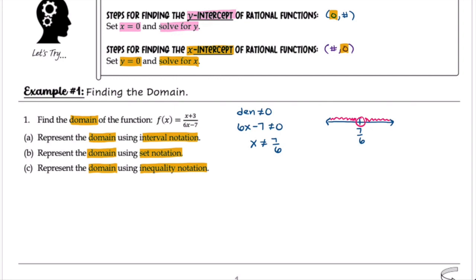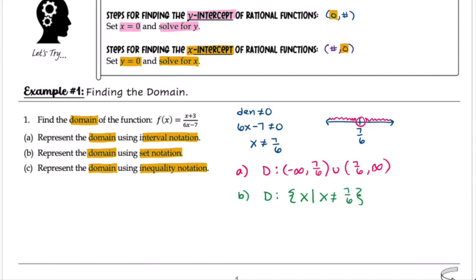Representing this using interval notation, the domain would go from negative infinity to 7/6, union 7/6 to positive infinity. To represent our domain using set notation, we would say the domain is the set of x such that x cannot equal 7/6.